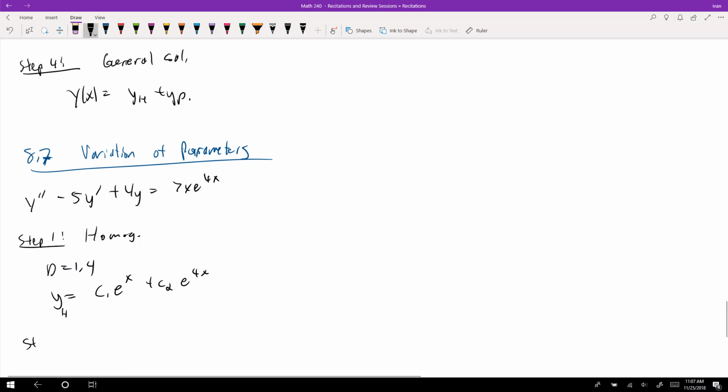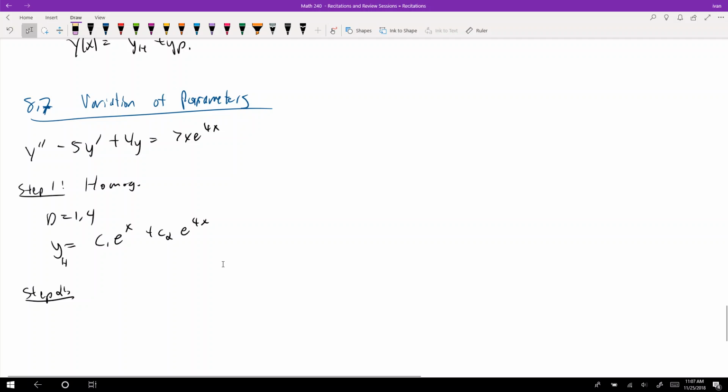And then step 2 was when we had the whole guess thing, when you use the annihilator method. We have to guess yp is equal to a e to the 4x plus bx e to the 4x, because there's an x term here, so we have to add up to that. And the problem, remember, was that this a term is inside the homogeneous solution.